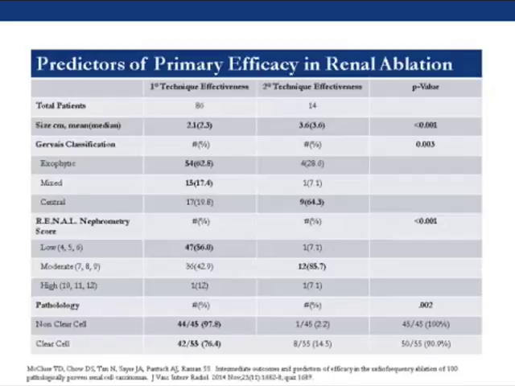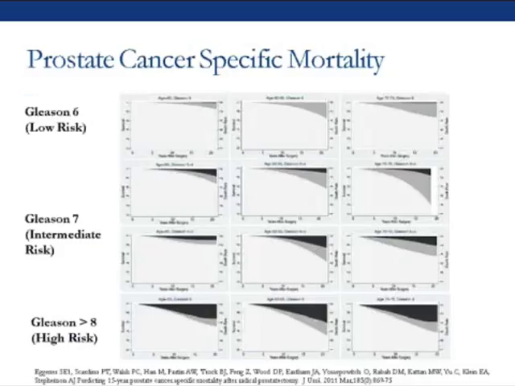Location of the tumor matters with treatment efficacy. And then we also showed that pathology may impact outcomes with regards to how efficacious we are with renal ablation. And to me, that suggests that it's really important to biopsy every lesion when trying to decide whether we do surveillance, ablation, or surgery. And I also think that ablative techniques are where the future may hold for prostate cancer.